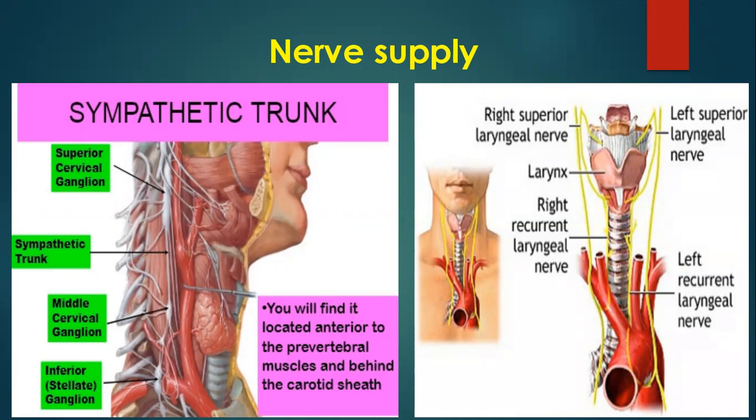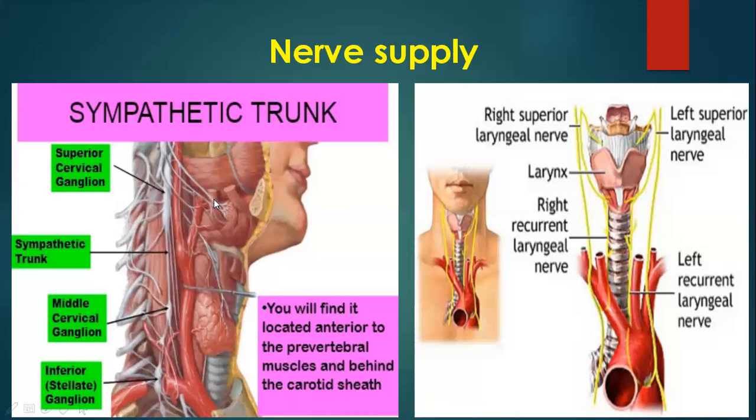You can see the yellow color one is the nerves. So this is the left and right superior laryngeal nerve, and one more is the recurrent laryngeal nerve. So these two are the branches or nerve fibers which supply the thyroid gland.